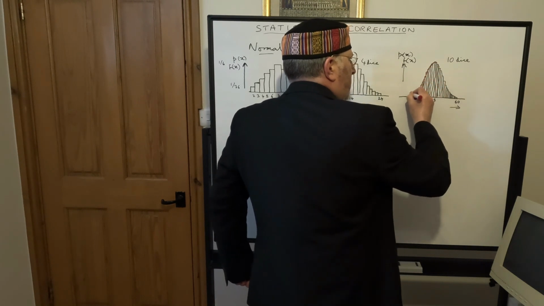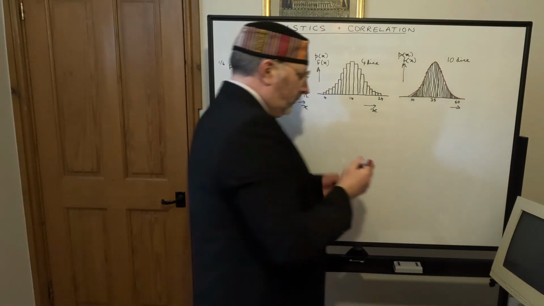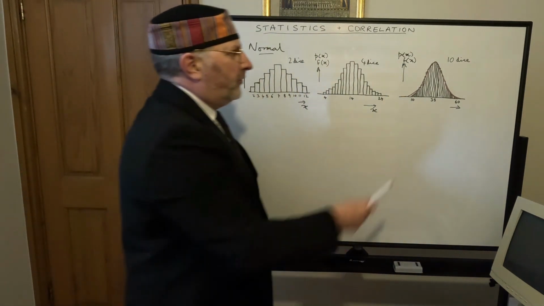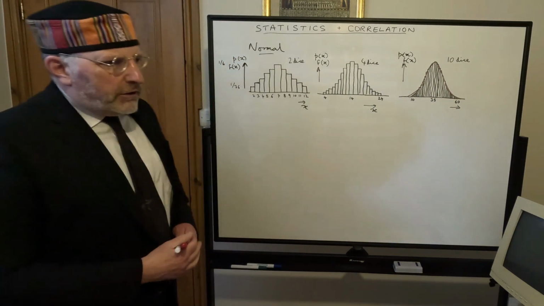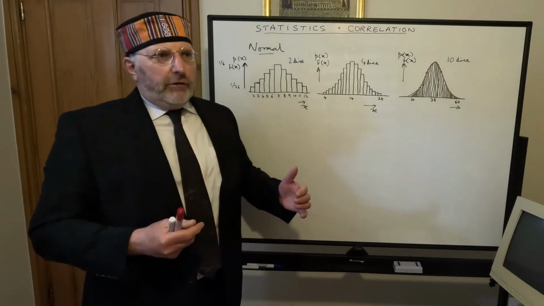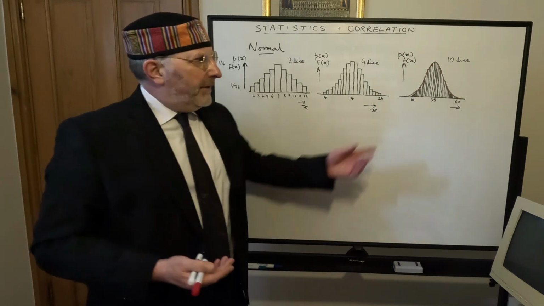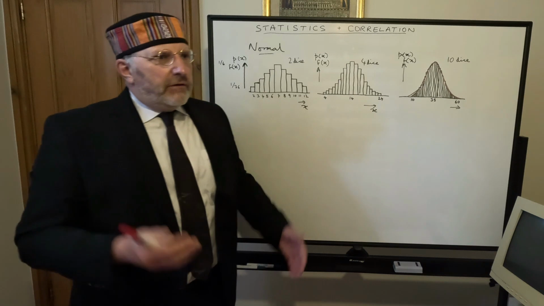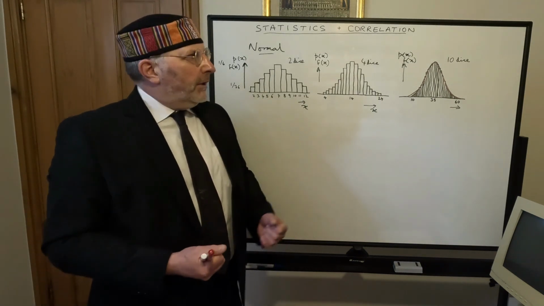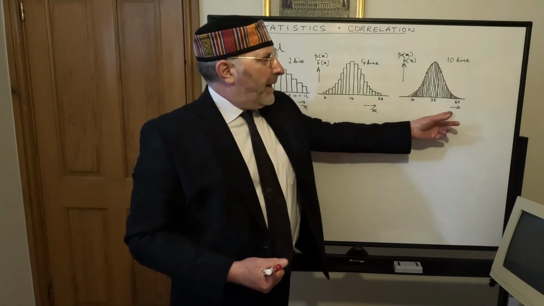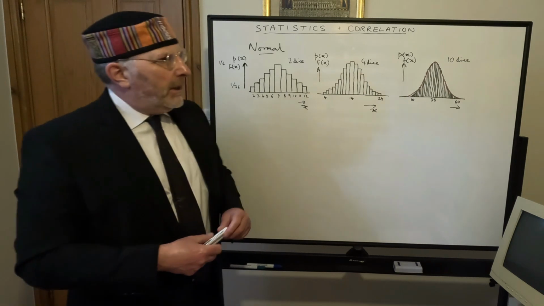And indeed, what we find is that the more dice we throw, the closer it gets to a normal distribution. A normal distribution arises in cases where the value of a variable, in this case the score, depends on many independent random factors. So in this case it's depending on 10 random factors, the score on each die.